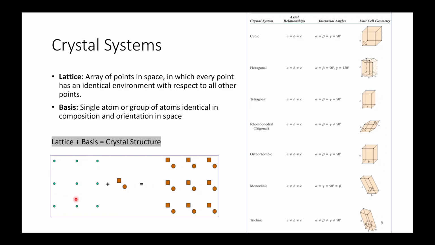This is the lattice, which is just points, and when you put some atom or molecule at these points, you get the crystal structure. These are the various crystal systems: cubic, hexagonal, tetragonal, rhombohedral, orthorhombic, monoclinic and triclinic. These are the axial relationships and interaxial angles on which the crystal systems are based.